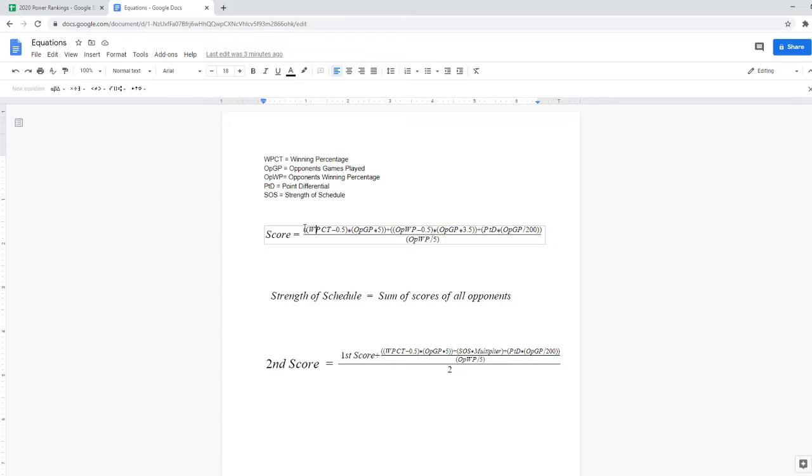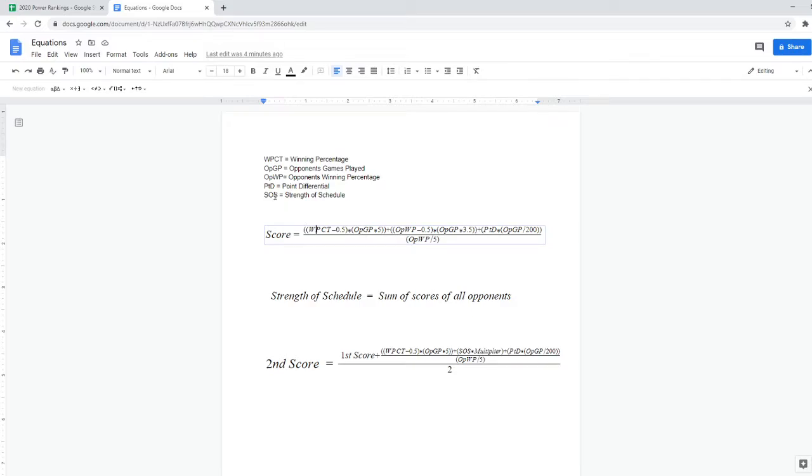So I have 0 as the average in the power rankings, and everything is weighted around 0. There's no limit on how high it can be, but the best that you typically will see is in the high 20s range, possibly, and the lowest you'll see is in the low negative 20s. That's basically the range that we have here.